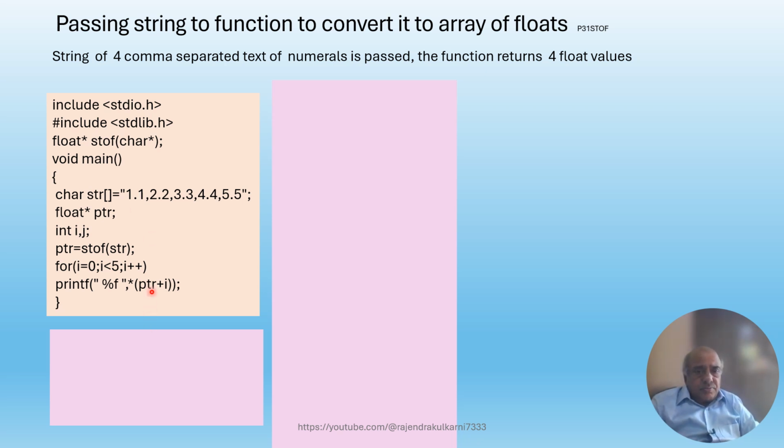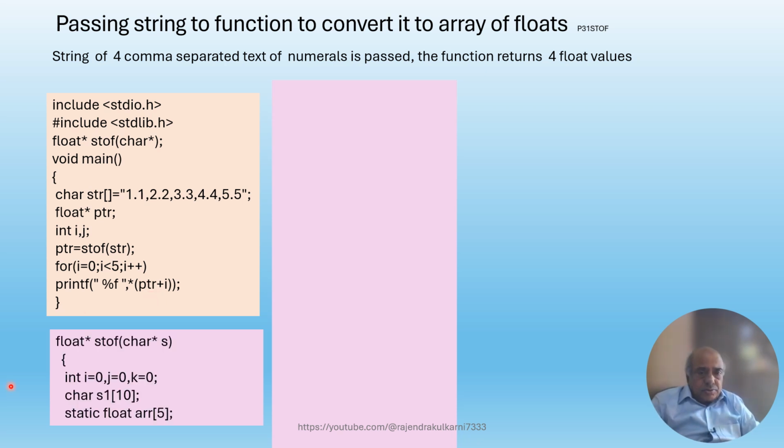Then this printf displays the float values of the array, the pointer of which is collected in ptr. So star of ptr plus i will display the contents of the array, the address of which is collected in ptr.